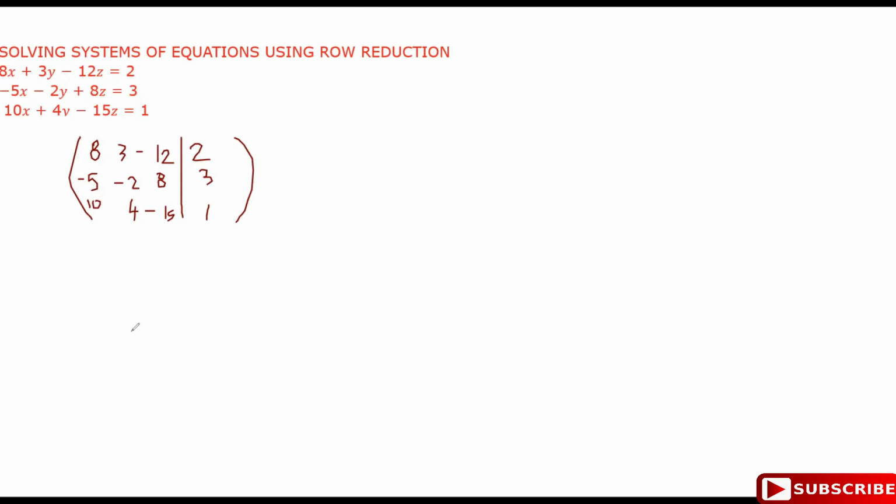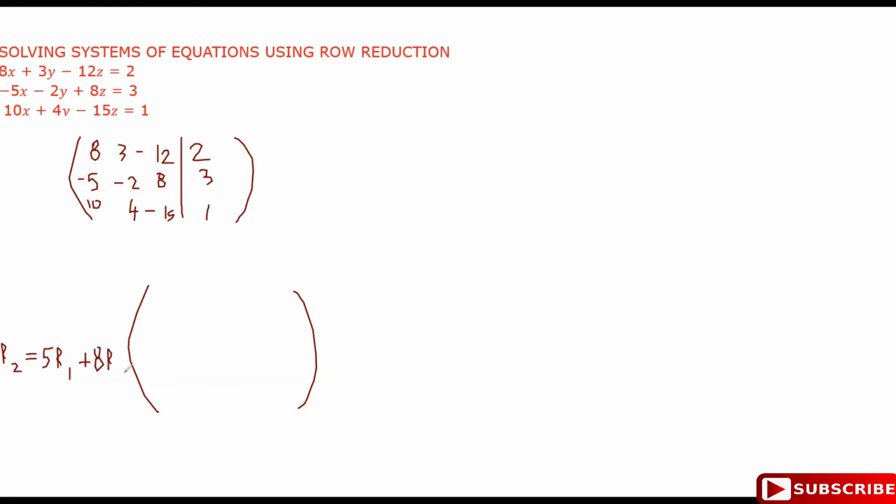So how are we going to get 0 in row 2 and row 3 using row 1? Our new row 2 is going to be equal to 5 row 1 plus 8 times row 2. That will give us 0.